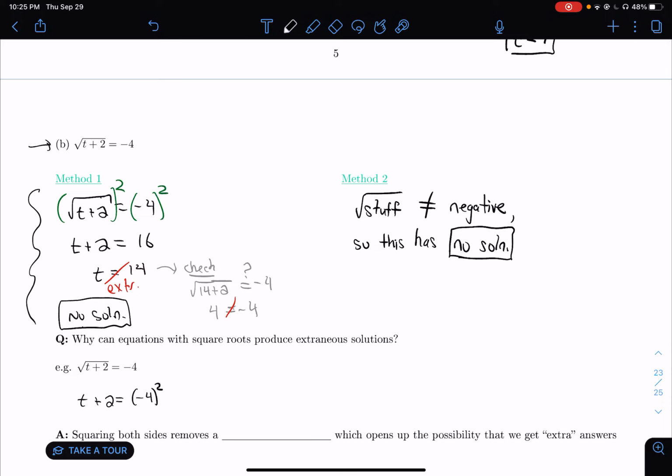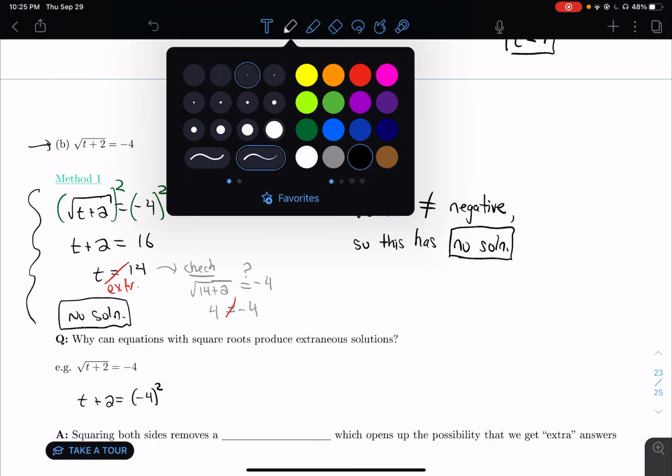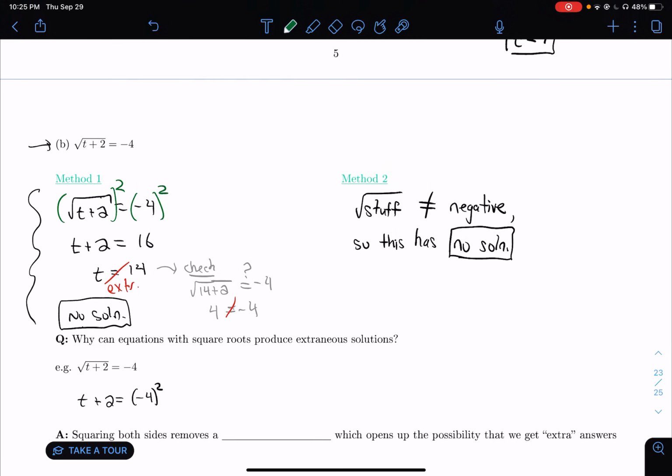And in the original equation, we have the square root of stuff. We got the square root of some stuff, but we know the square root of some stuff is not allowed to be equal to a negative number.